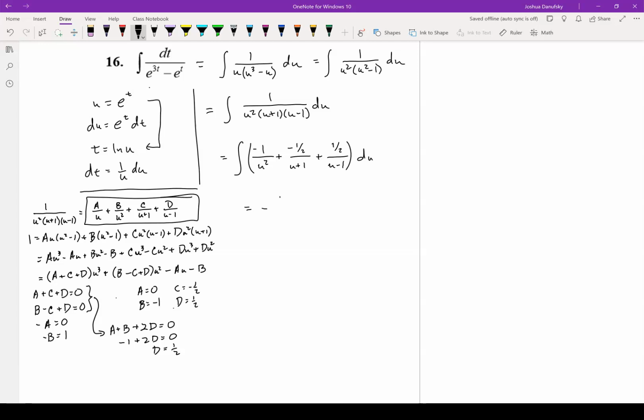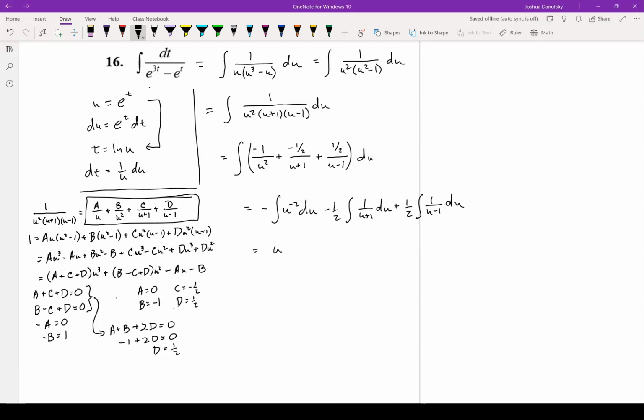This gives us negative the integral of u to the negative 2 du, minus 1/2 the integral of 1 over u plus 1 du, plus 1/2 the integral of 1 over u minus 1 du.